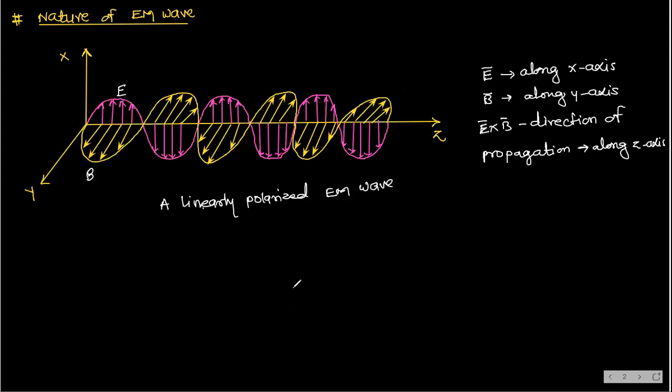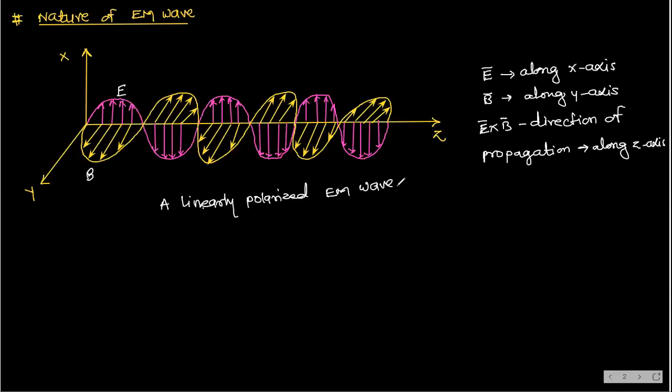This is the nature. This diagram shows how it is propagating through the medium, particularly the nature of electromagnetic waves: how the electric field is, how the magnetic field is, and how the direction of propagation is.